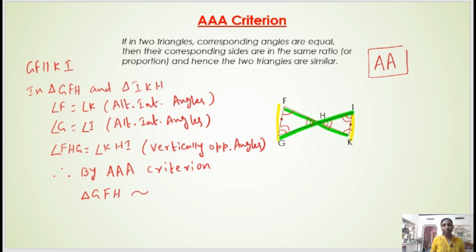It means G to F, F to H. See how I am going: G to F, F to H. So from this corner, I to K and K to H. So you should write triangle IKH. Triangle GFH is similar to triangle IKH. So these triangles are similar by AAA criterion.